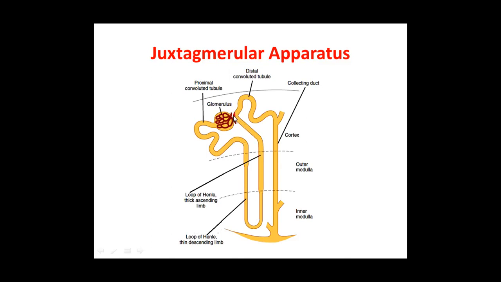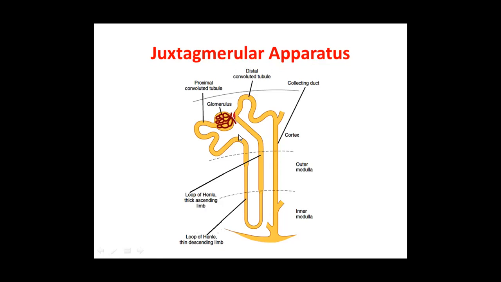This distal tubule comes in very close contact with the parent glomerulus, the parent Malpighian corpuscle, from where it has originated, and it passes in between the afferent and efferent arteriole of that particular glomerulus.